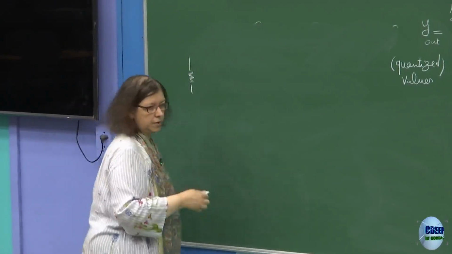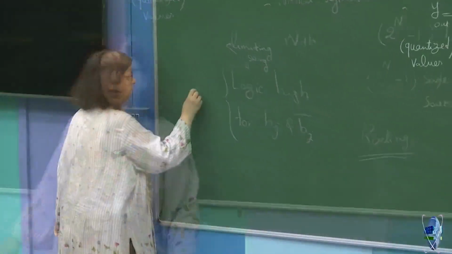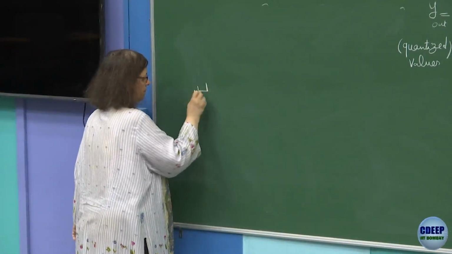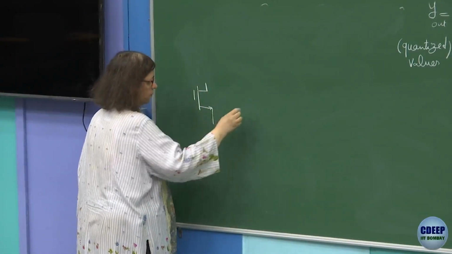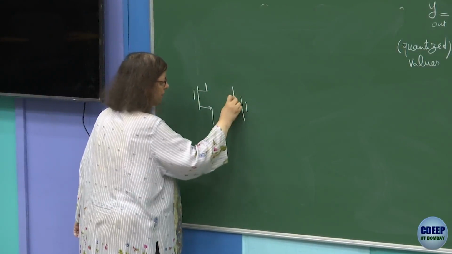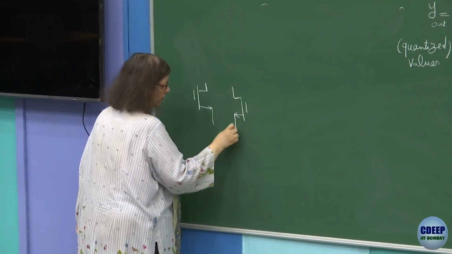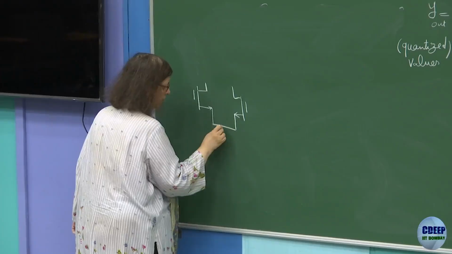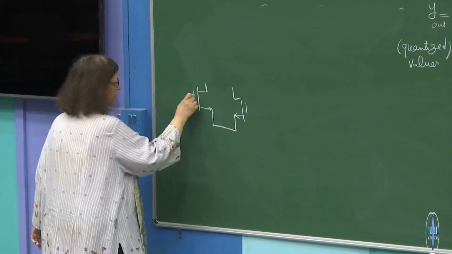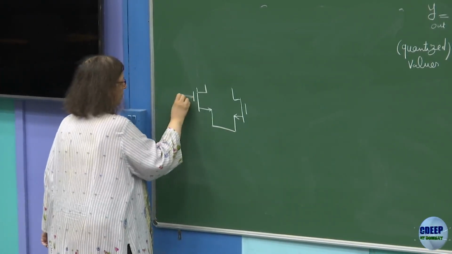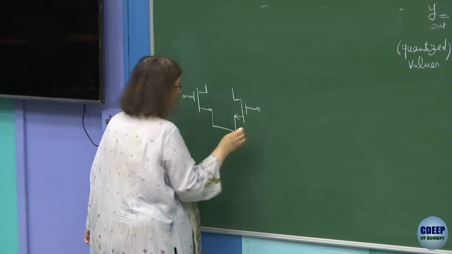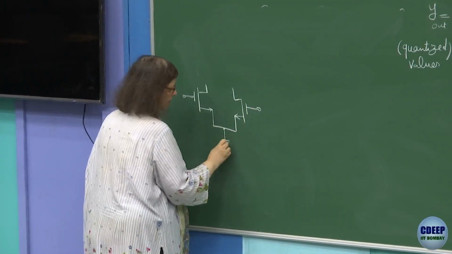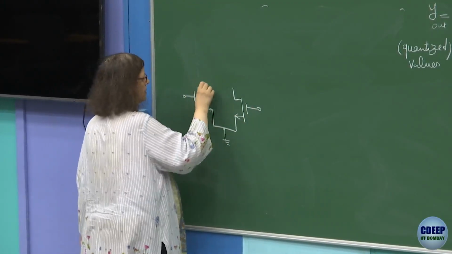Now let me draw the small signal model. Now let's say we have even unit current, it means a unit current source. Analyzing in the small signal domain is easier.